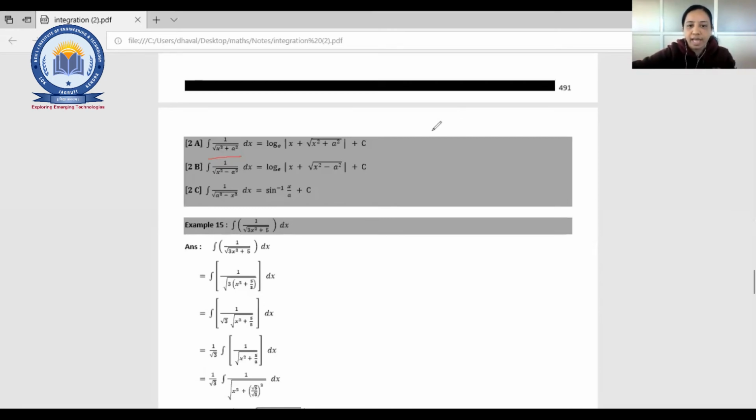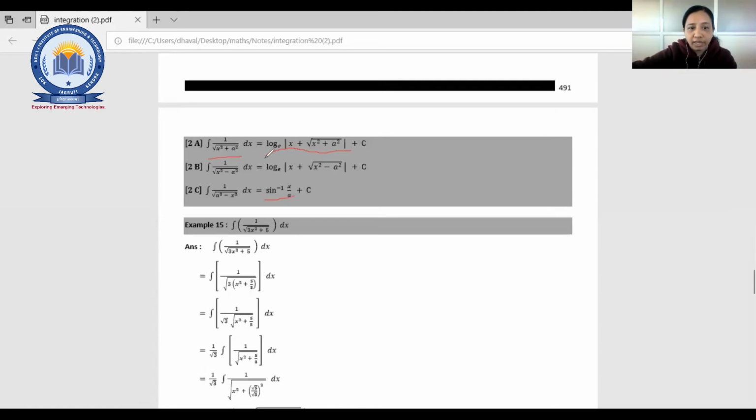You can directly write log x plus whatever is under the root, plus c, simple to remember. Integration of 1 upon under root x square minus a square dx is log x plus whatever is under the root, and integration of 1 upon under root a square minus x square dx equals sine inverse x by a plus c. So here there is a difference.